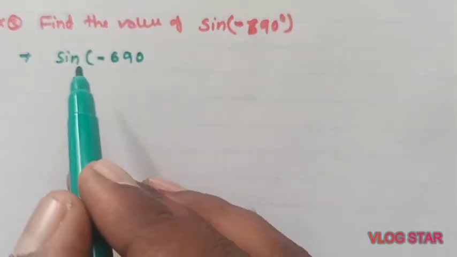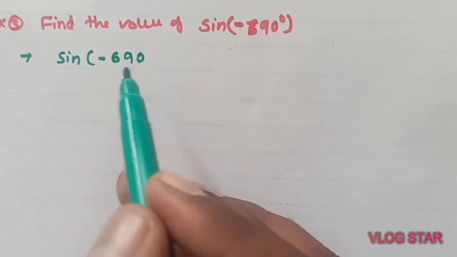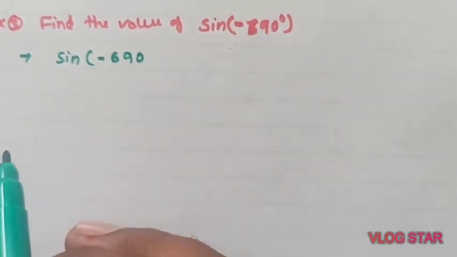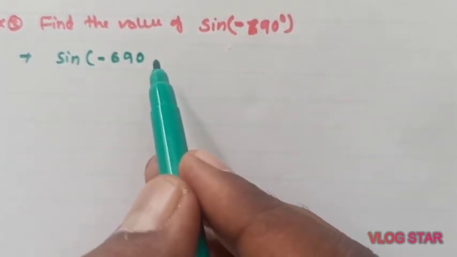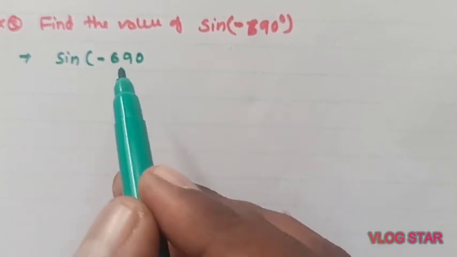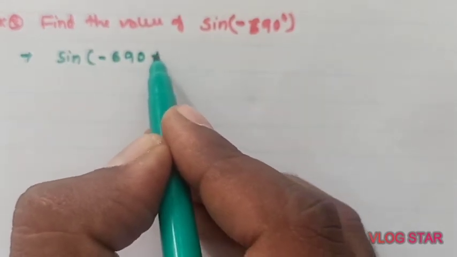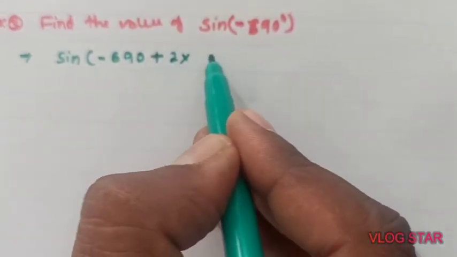So 360 how many times to make it positive? If I add 360 it would not be positive. So double of 360, 720. Yes, 720 is more than this, so it will become positive. So I will add 2 times 360 in this.